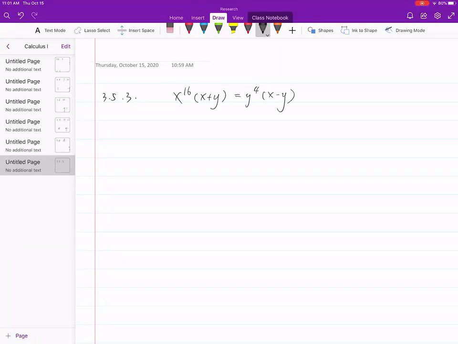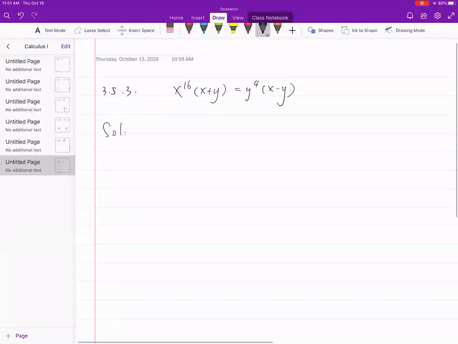Okay, so what we have here is a product rule for both sides, implicit differentiation.